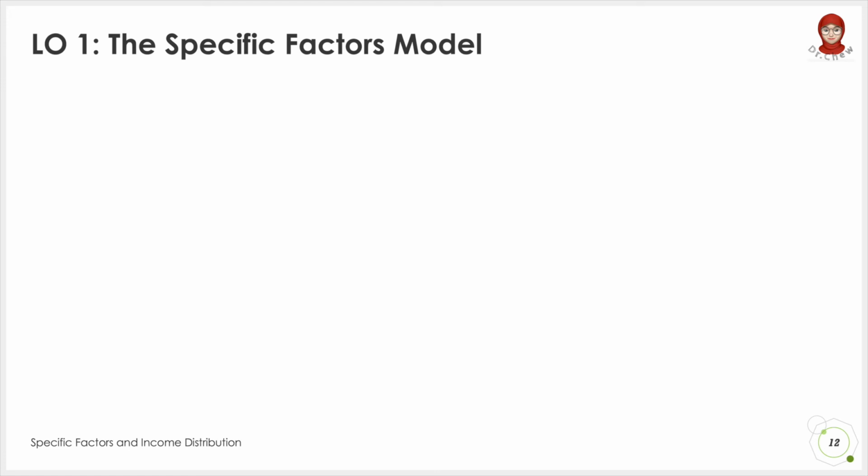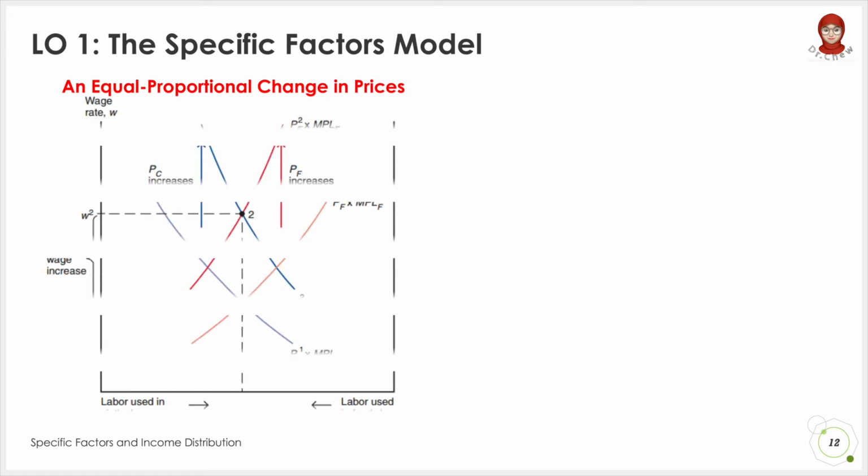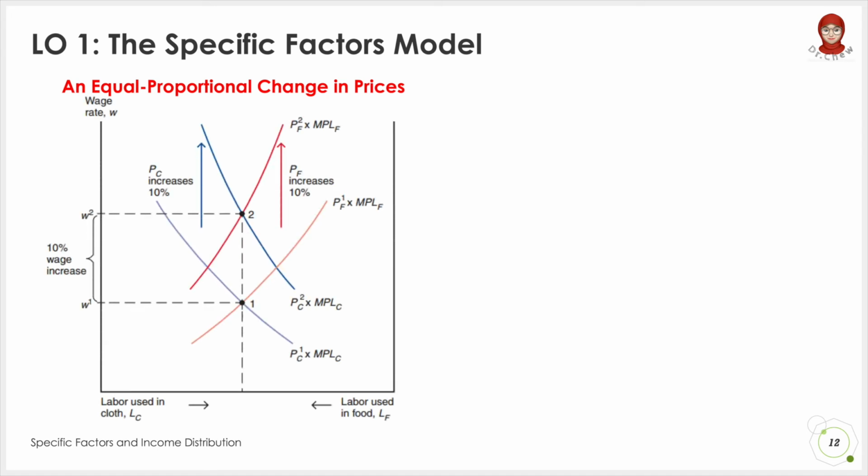There are two situations to explain this. First, we assume an equal proportional change in price for both goods. If the prices of both goods increase by 10%, the labor demand curve also shifts up by 10%. However, the allocation of labor between both sectors and the outputs of the two goods remain unchanged.